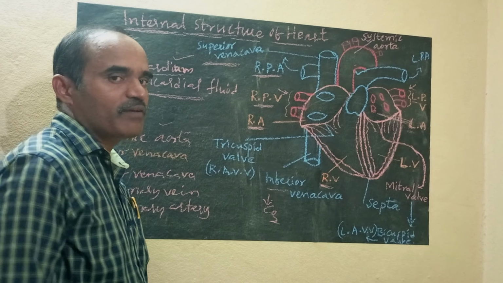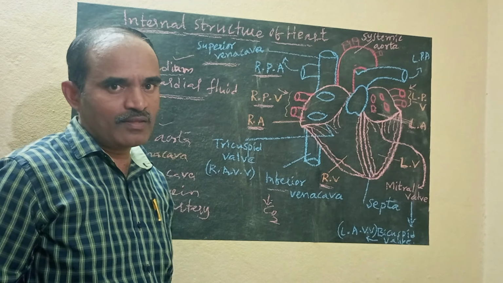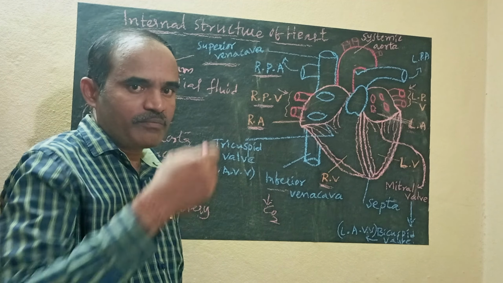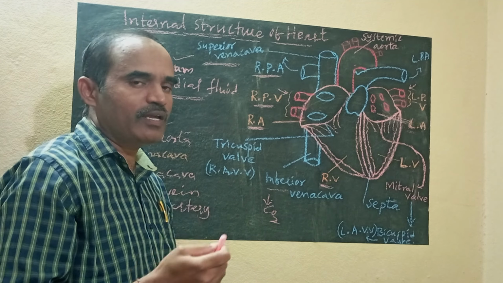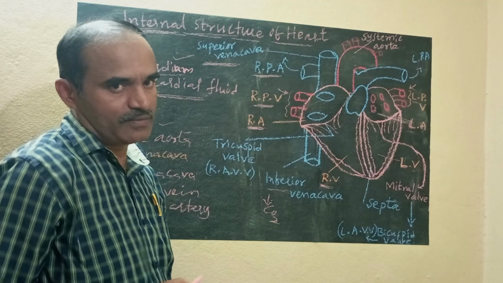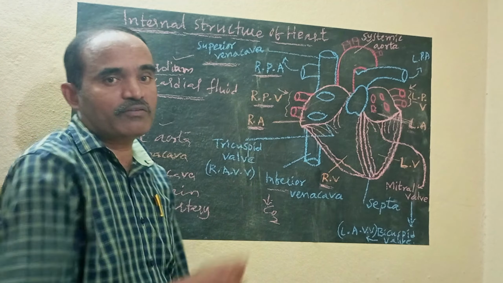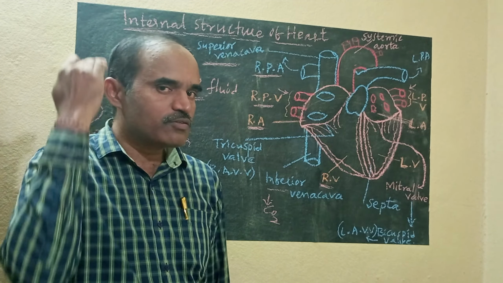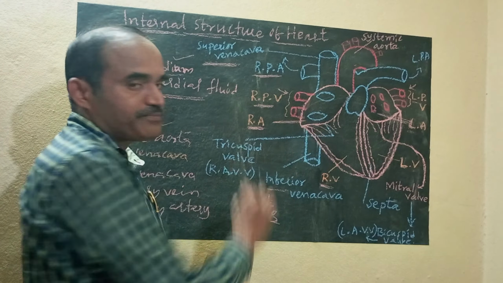It is the vein at the anterior end of the heart, which collects the blood from the upper parts of the body, above the heart, mainly head and neck, and empties that blood into the right atrium.